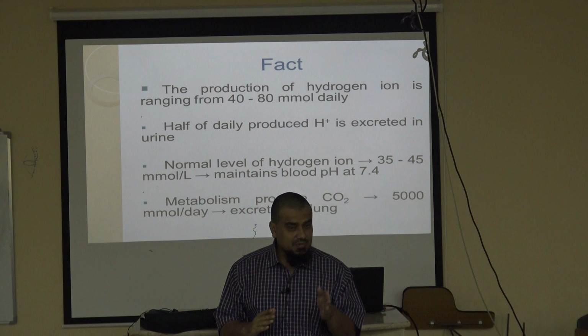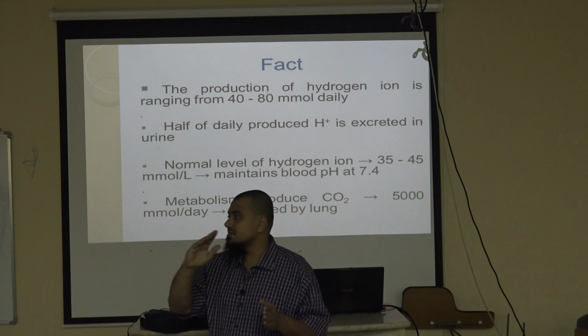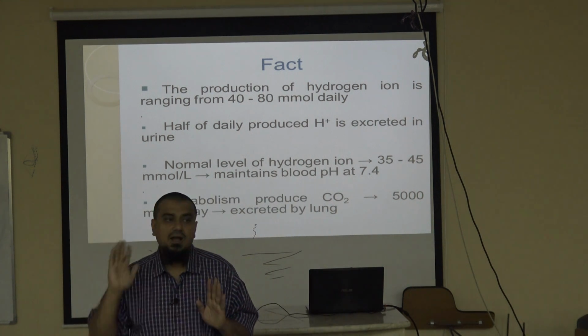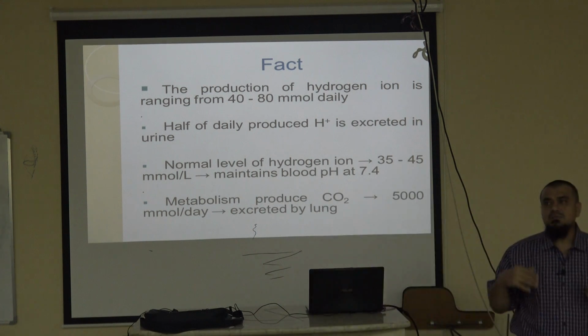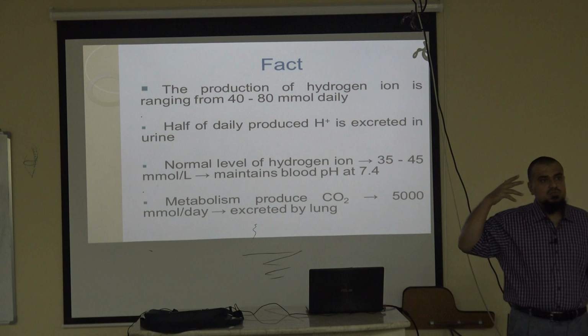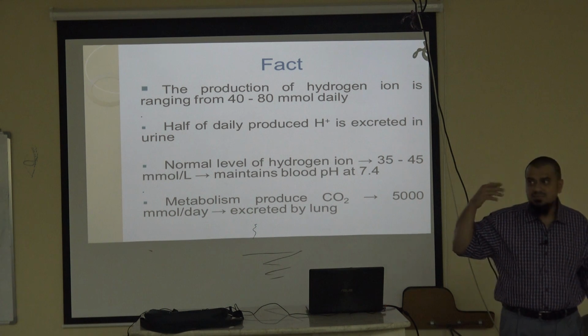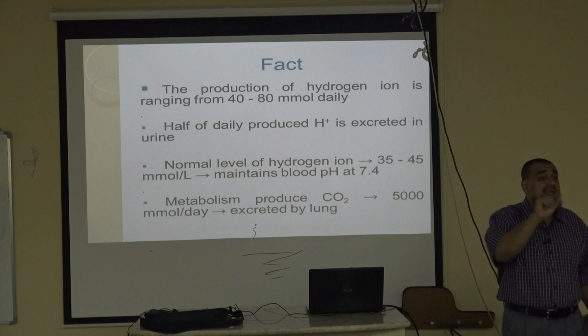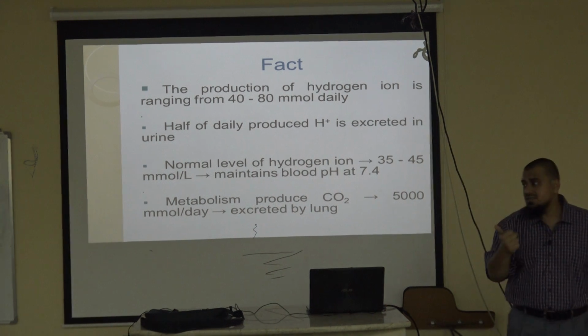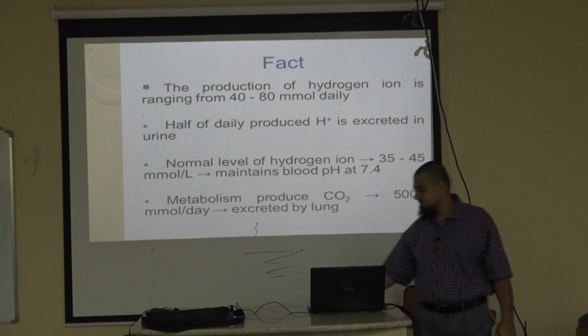Sometimes in our mind we confuse. We say acid increases, but the value of pH decreases. Actually, it is the same thing because this is a negative log. It's an inverse relationship.